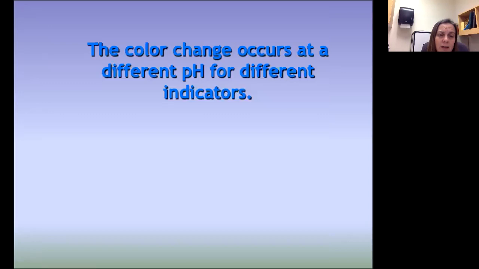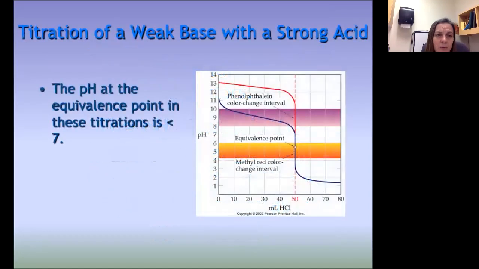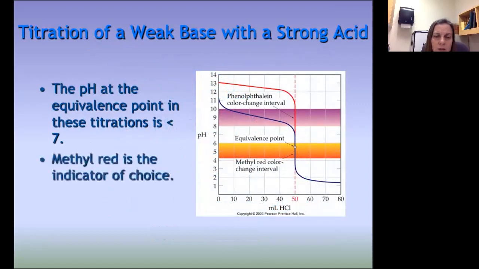The pH at which that indicator changes is dependent on the Ka of the indicator as a weak acid. So we can use that to determine what the appropriate indicator would be. As an example, when we titrate a weak base with a strong acid, the equivalence point is going to be below 7. So we would probably choose something like methyl red that would change color in that range.